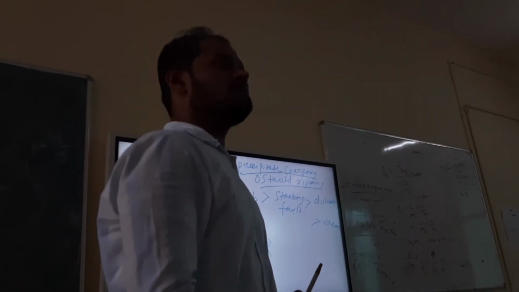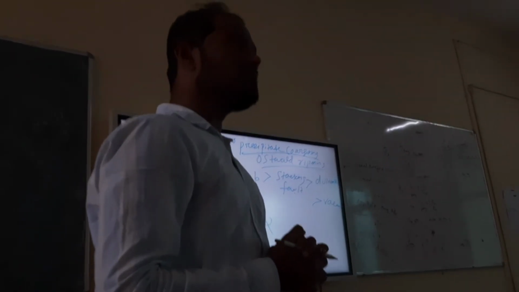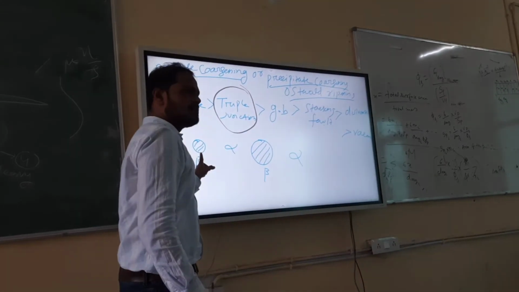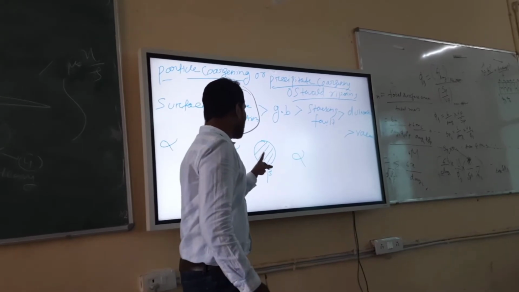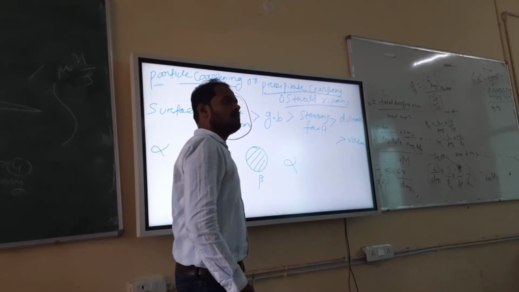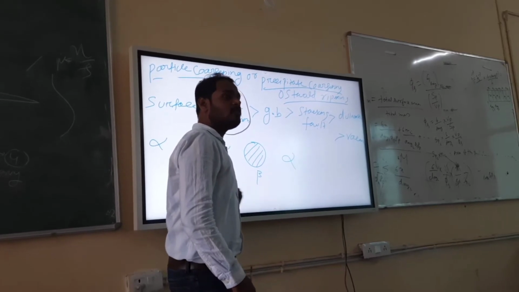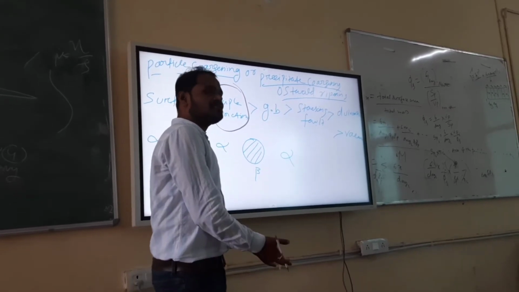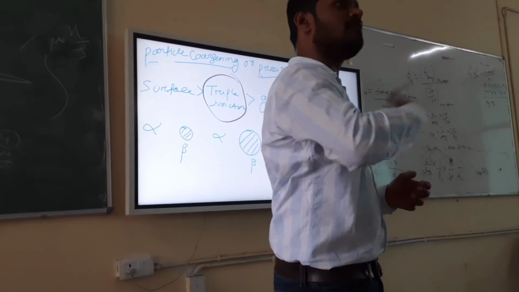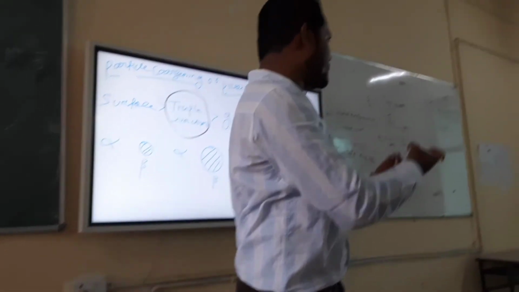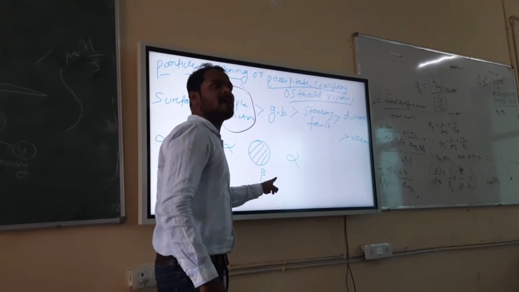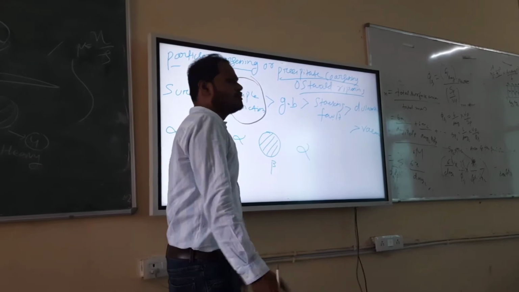What I want to say is, if you check the equilibrium composition of alpha with this precipitate and the equilibrium composition of alpha with this precipitate, what is the similarity between these two precipitates? Can you tell me? Both are beta. So same crystal structure, same composition, because it is a compound. A compound will never form if they are not in a proper ratio or proper proportion. So what these precipitates have in common is the same crystal structure and the same composition.